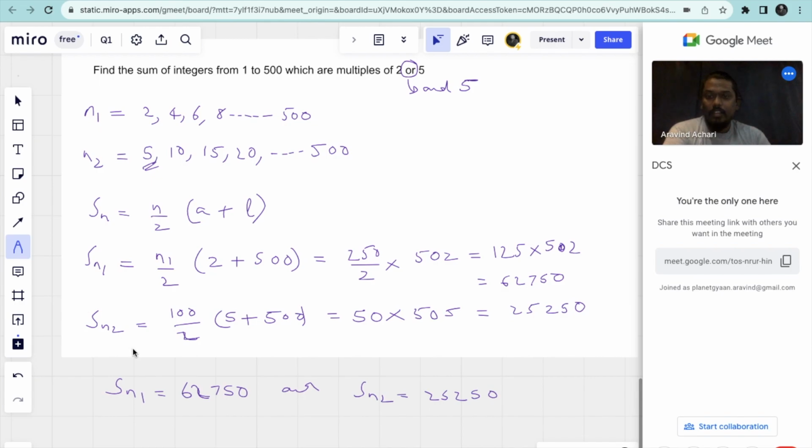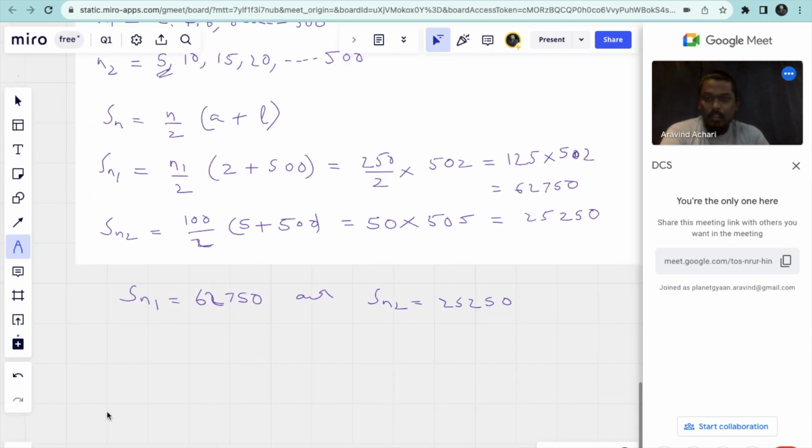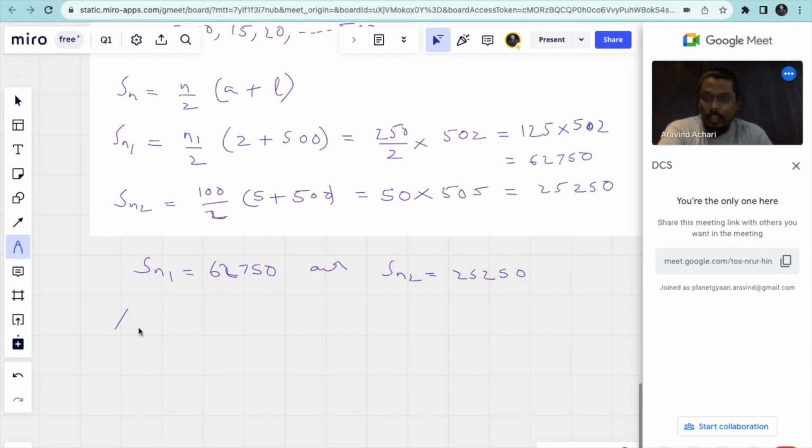So we'll call it Sn3. So Sn3 will be what? Again n3 by 2. So how many numbers? That was 250, this was 100, correct? So for 10, it will be 50. So 50 divided by 2 multiplied by, the first number would be 10 here, right? You will start from 10, 10, 20, 30, 40, that's how you will go. So it will be 10, but there will not be any change in the last number.